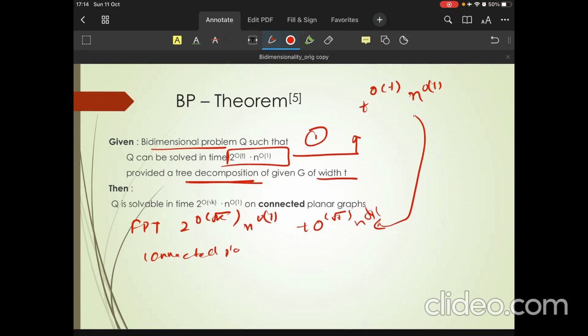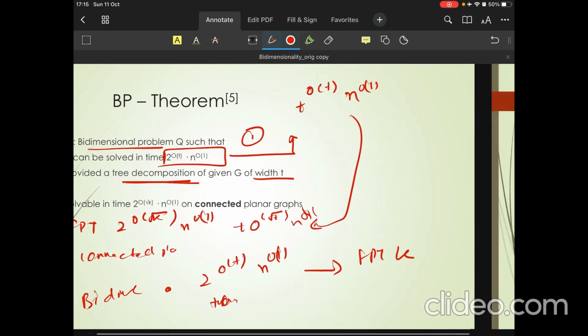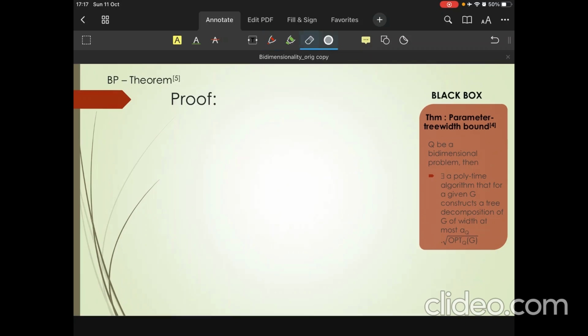So it's very amazing to see that given a bidimensional problem and just the existence of an algorithm that computes FPT with respect to tree width and the corresponding tree decomposition, we can give an FPT with respect to k. It's very interesting to see.